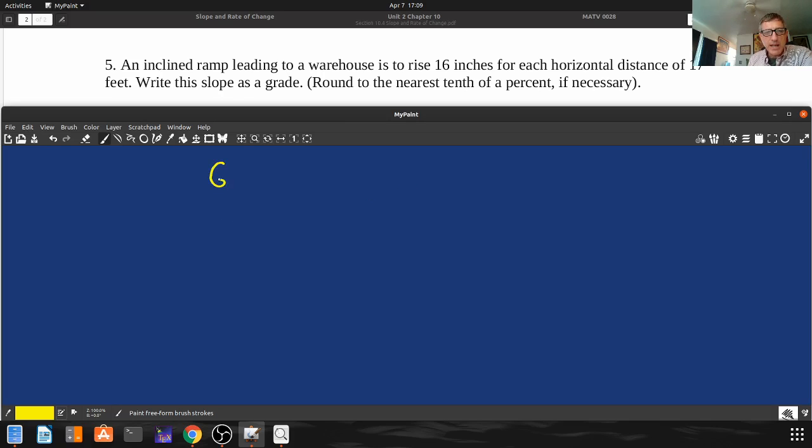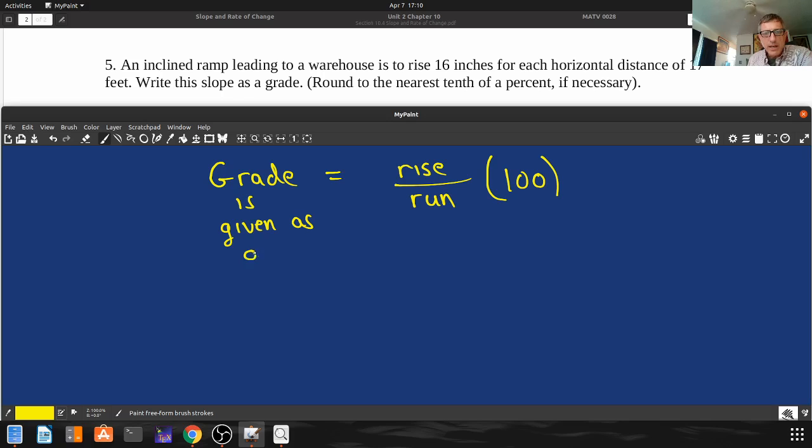So the grade is equal to the rise over the run times 100. And the grade is given as a percent. So you will see warning truckers, downhill grade 6%.